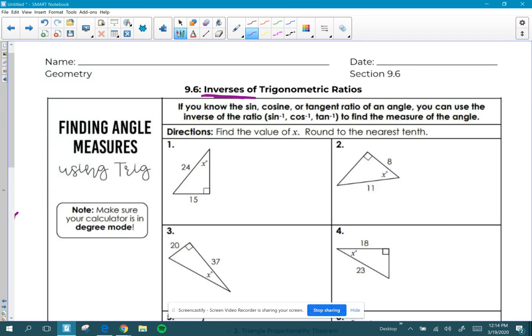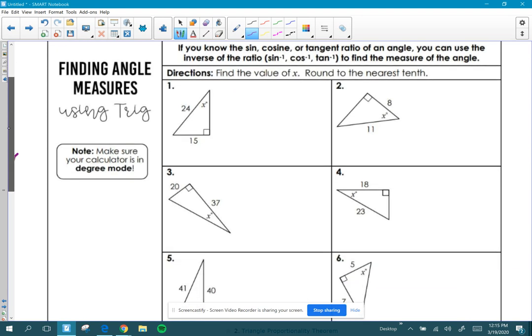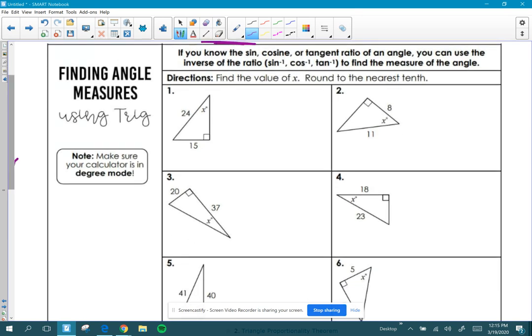So this is all calculator work. It is pretty similar to what we were doing last time, but there's no multiplication or division involved like last time. Now, you might be a little bit confused on what an inverse is. So really quick, just to give you an explanation, inverses are things that undo each other. So if you look at addition, the operation that undoes addition is subtraction.